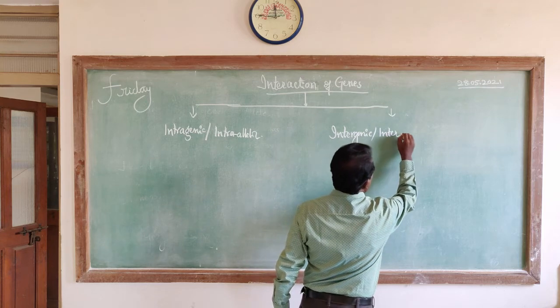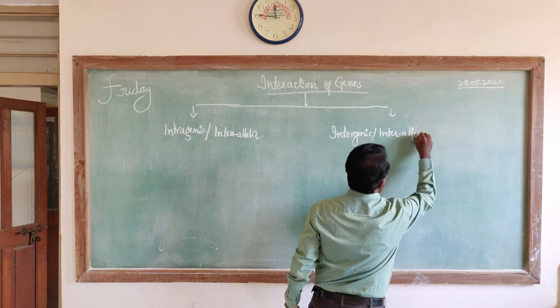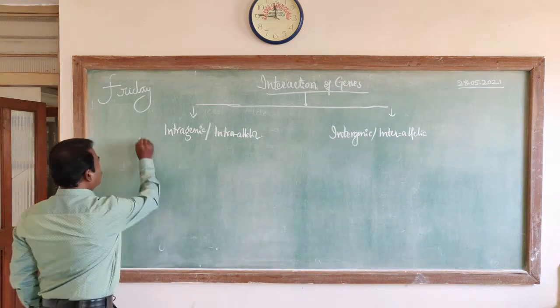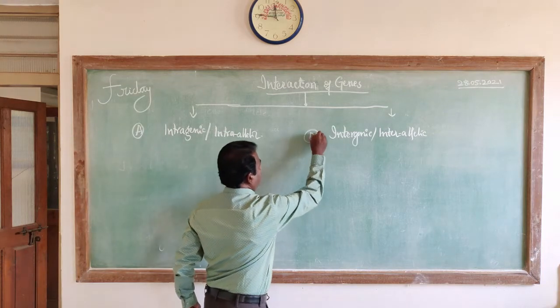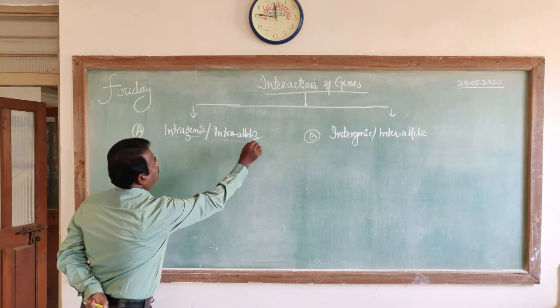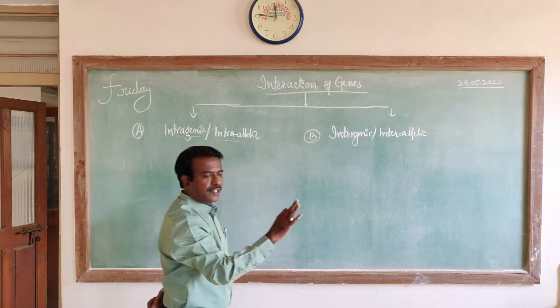Please try to differentiate. Intra-allelic, and this is interallelic interaction. There are two types, capital A, this is capital B. First type, second type. Intragenic, intra-allelic, then intergenic or interallelic, second type.